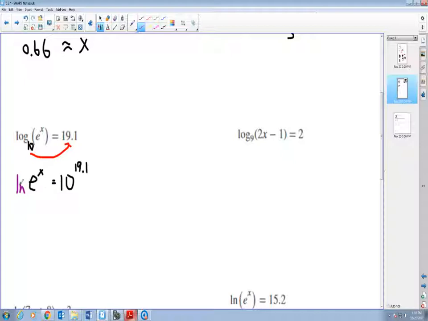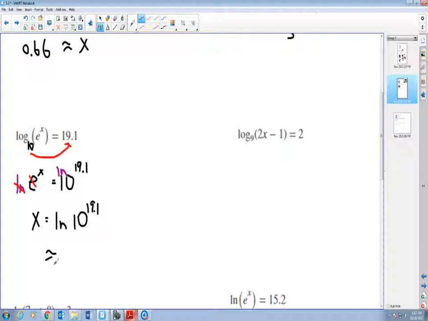But if I take a natural log on the left, I have to take a natural log on the right side as well. So natural log and e cancel out, so that leaves me with just x equals natural log of 10 to the 19.1 power.